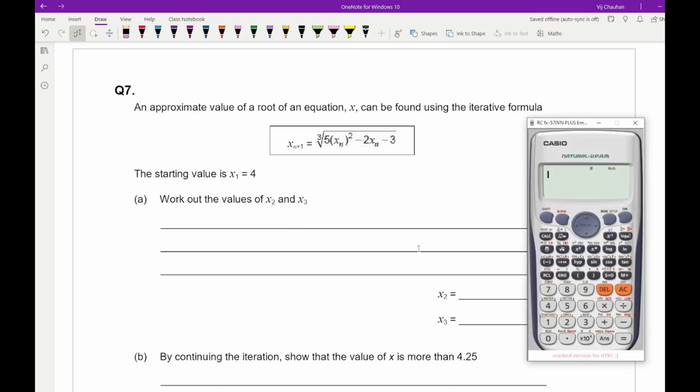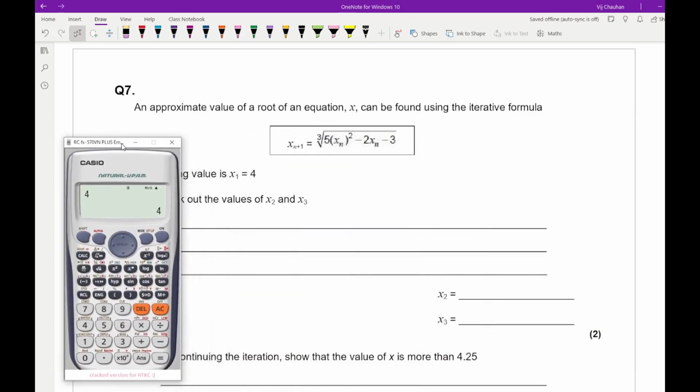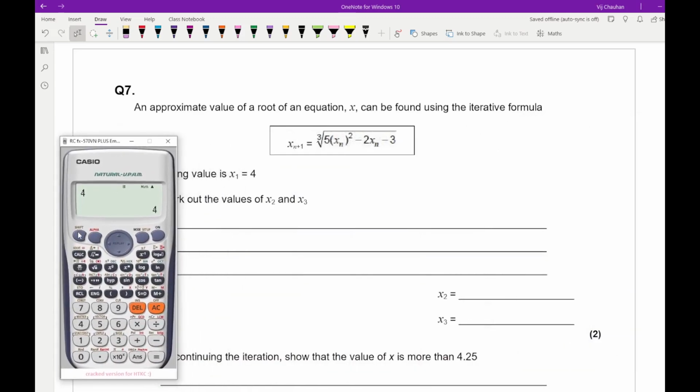Now to enter this on your calculator, all you need to do is press 4 for the first value, press equals. Next we'll then enter this formula. So if I press shift and then the cube root function, which is there, I'm going to enter this formula as follows: 5, bracket, answer, close bracket, squared, minus 2, bracket, answer, close bracket, minus 3.